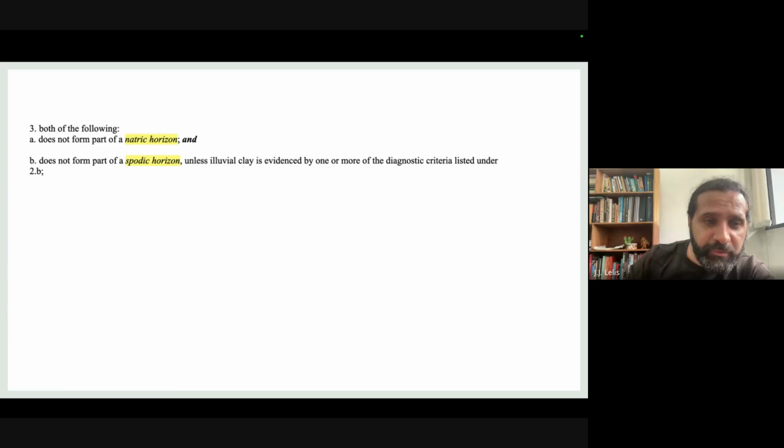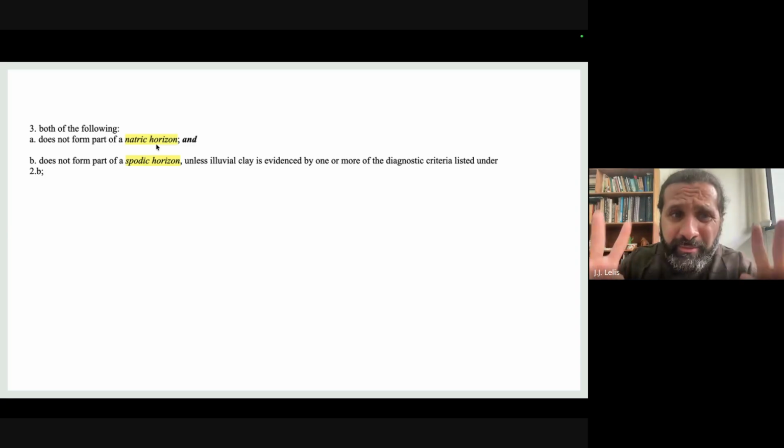And I also said that this Argic horizon is not part of a natric horizon and not part of a spodic horizon, okay? Because we have some priorities in the classification. And because of this, if you call a horizon a natric horizon, it could not be called an argic horizon, okay? Because the natric horizon, let's say, is more important.